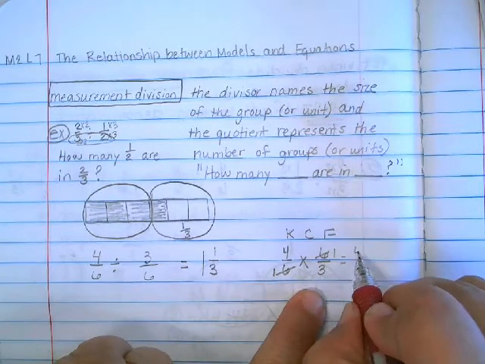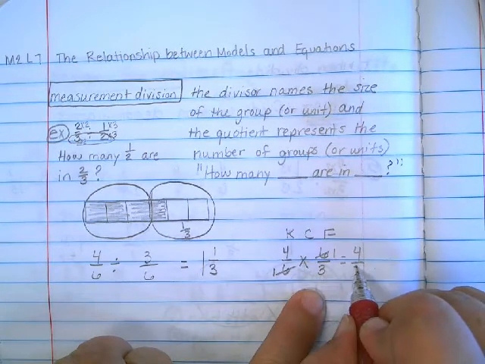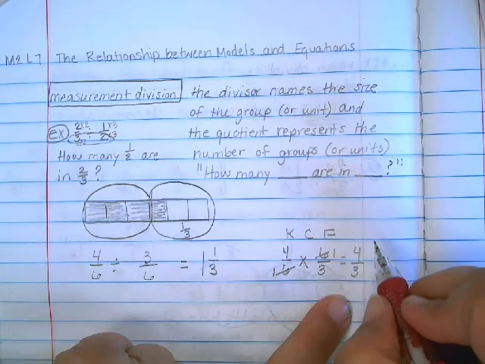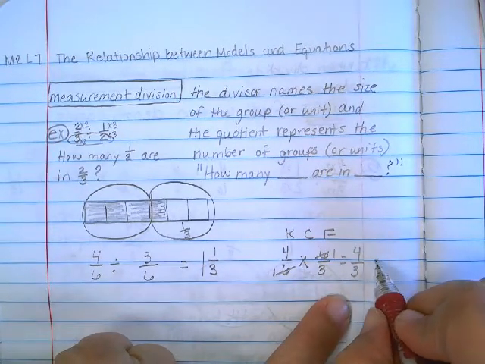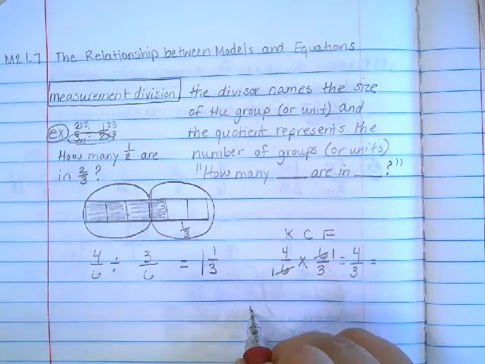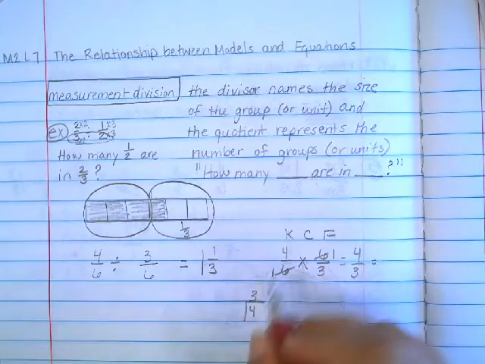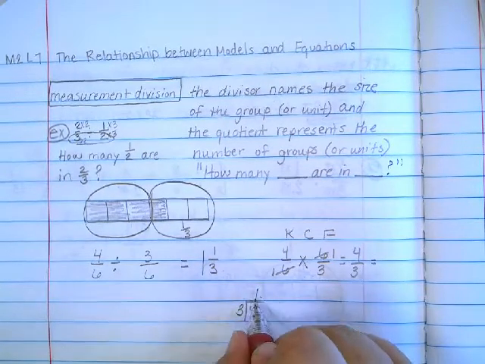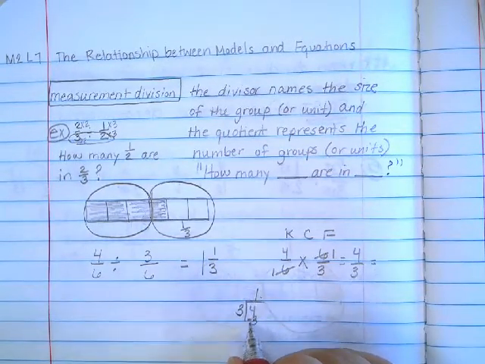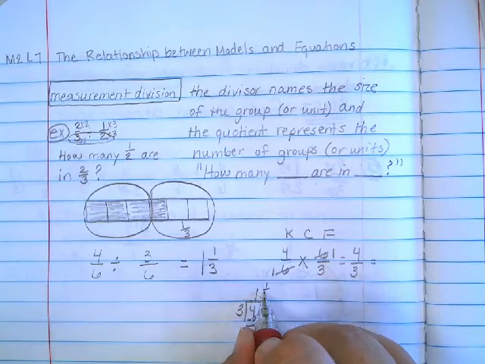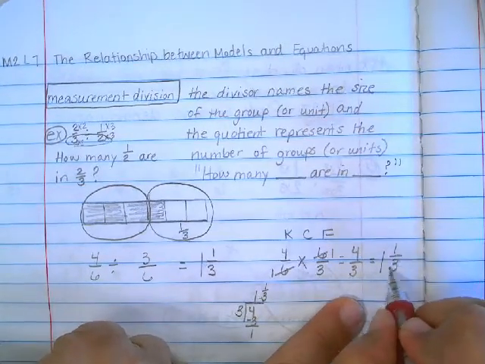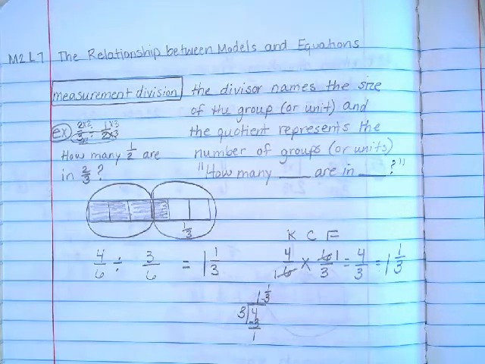And 4 times 1 is 4. 1 times 3 is 3. So my answer is 4/3. If I divide that out, 4 divided by 3 is 1 with 1 left over. That over my denominator, 1 and 1/3 is my answer.